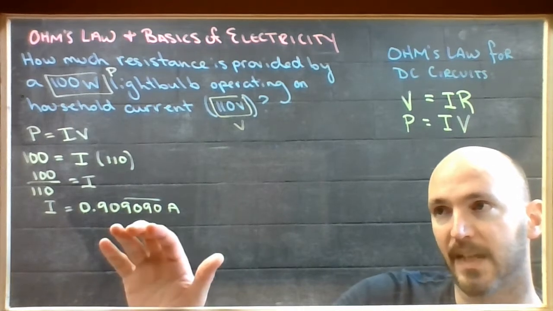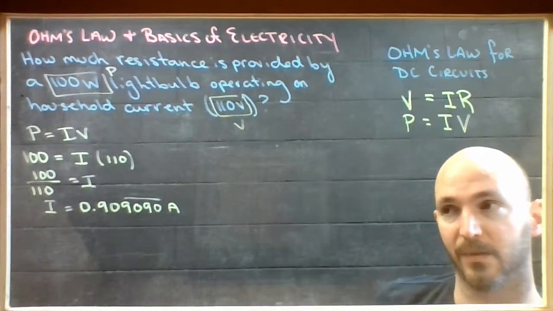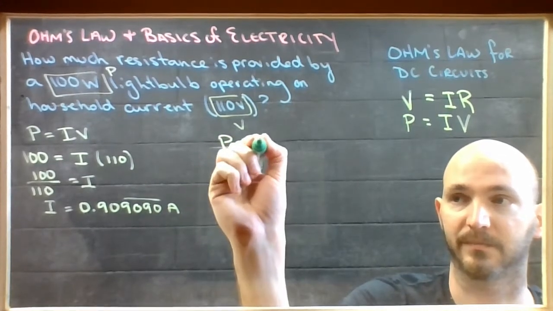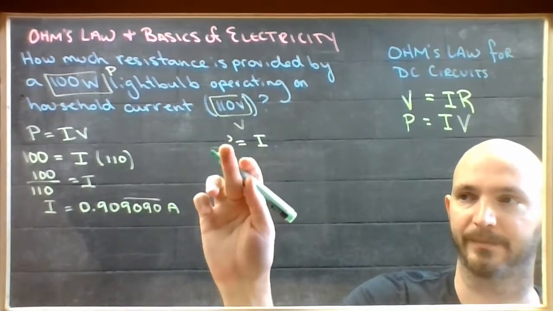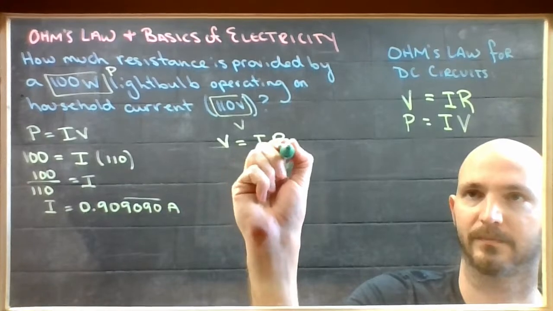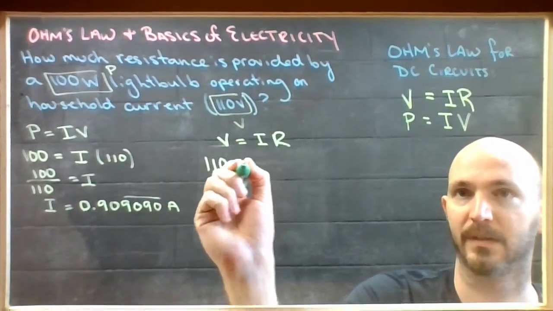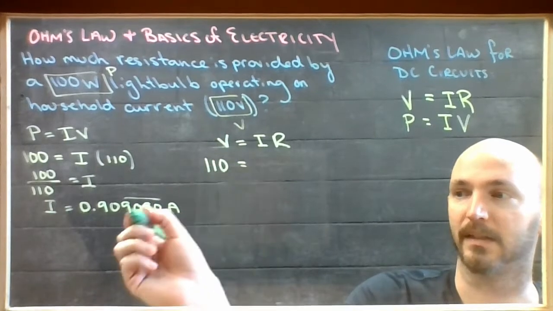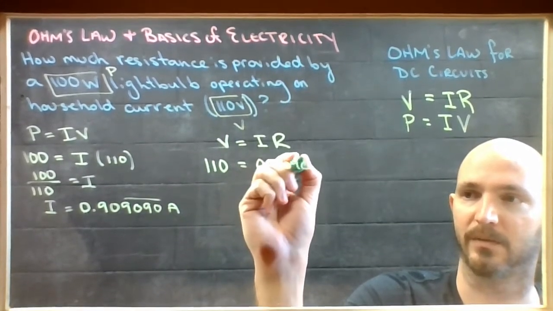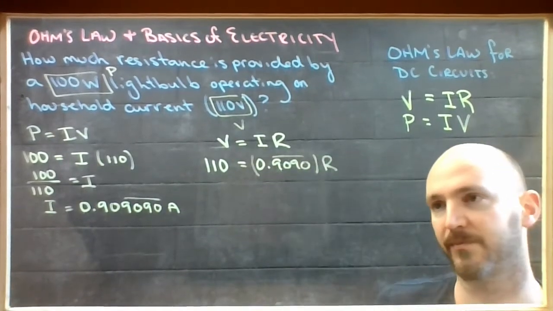So if it's receiving that much current at this much voltage, then I should be able to calculate the resistance there using my Ohm's law. So 110 volts is 0.9090 repeated multiplied by the resistance.